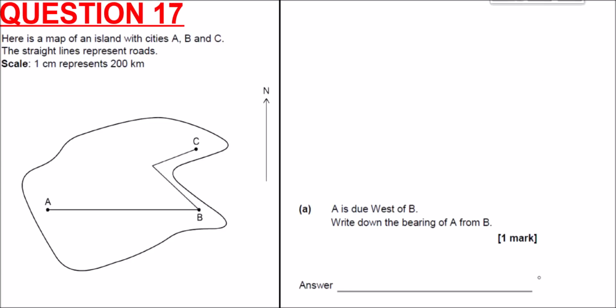Question 17, we have a map, and it's a scale drawing, and we're told first of all that A is due west of B. And what we need to do is write down the bearing of A from B. With bearings, always pay attention to where the bearing's measured from.